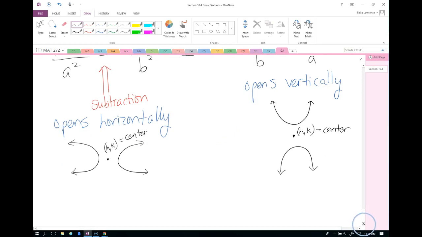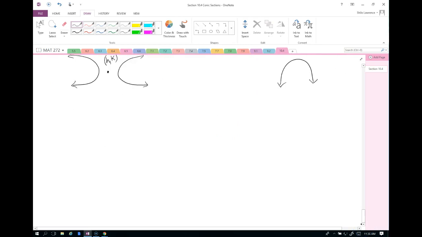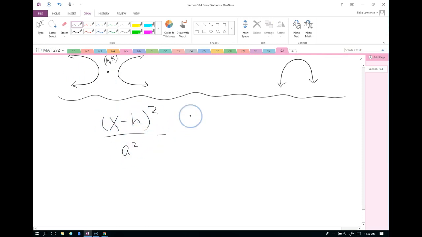Now drawing these things, I'm going to focus just on one or the other because drawing these things can be kind of tricky. The a and the b serve a very similar purpose as they do in the ellipse. So let's just look at (x minus h) squared over a squared minus (y minus k) squared over b squared equals 1.